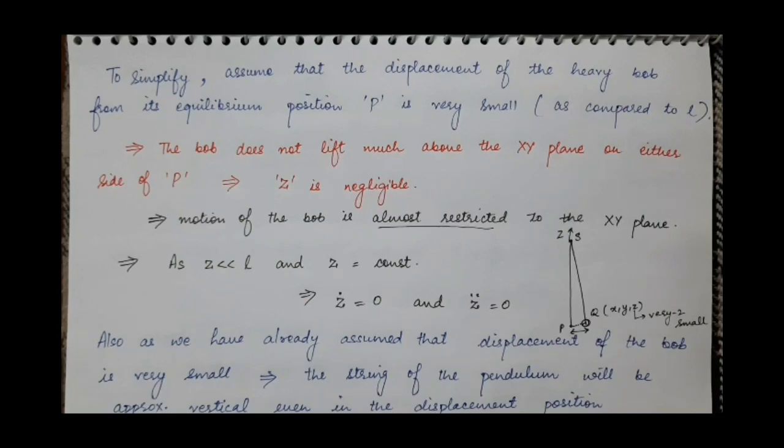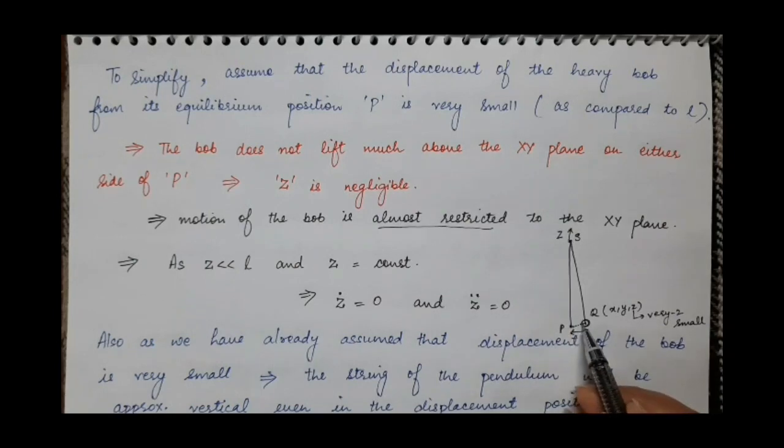And one more thing, as we have already assumed that the displacement from the mean position of the bob is small as compared to the length of the pendulum, the value of SP and the value of SQ is L. But in the displaced position SQ, there is tension T in the string.